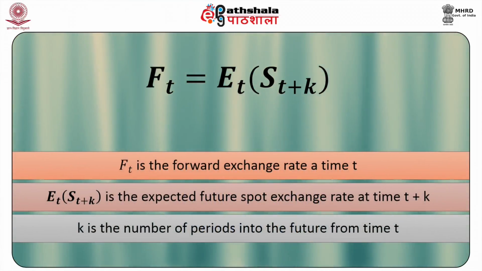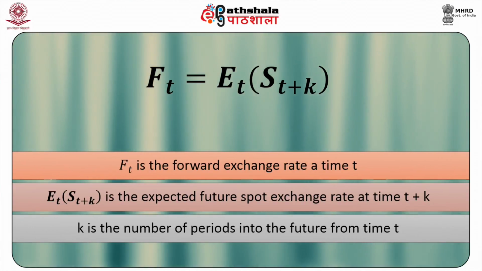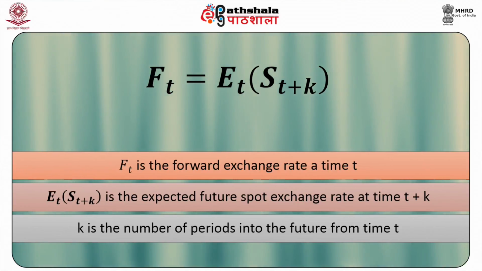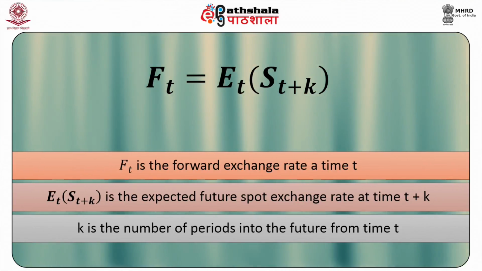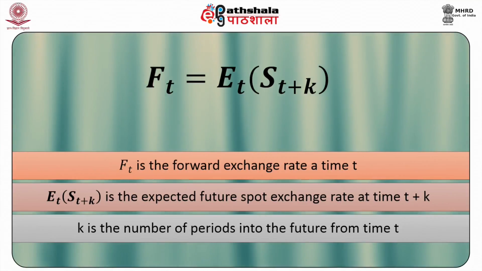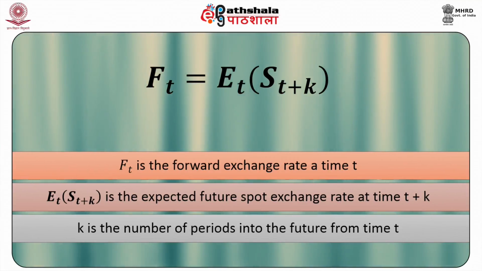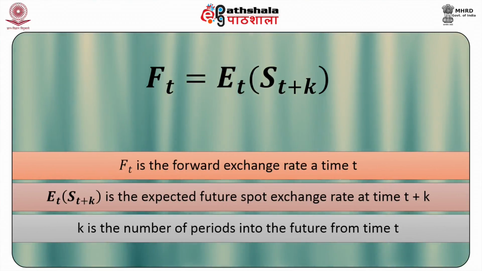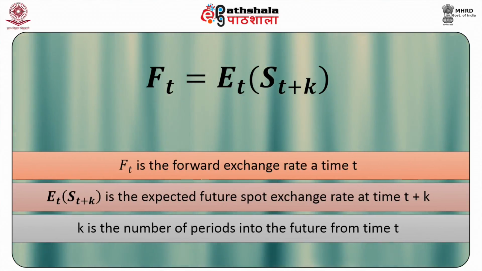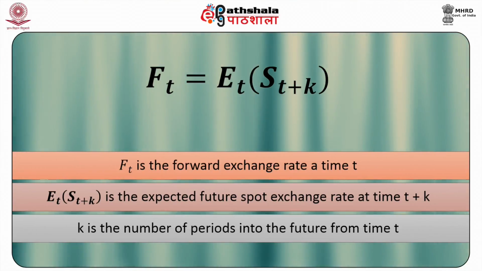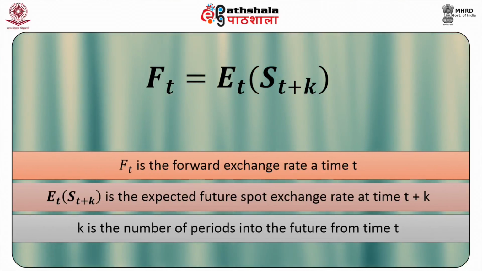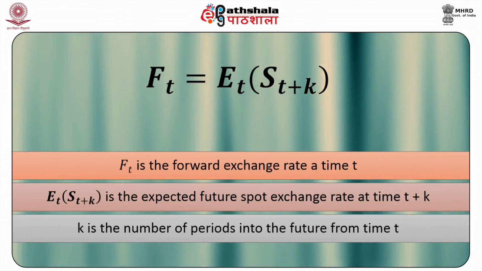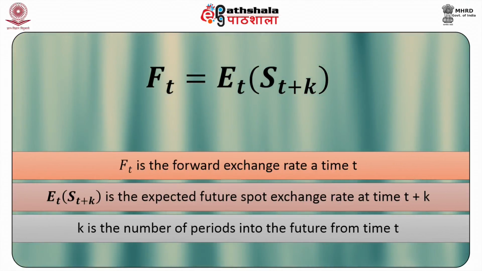Ft equals Et(St+k), where Ft is the forward exchange rate at time t, and Et(St+k) is the expected future spot exchange rate at time t plus k. Here k is the number of periods into the future from time t.